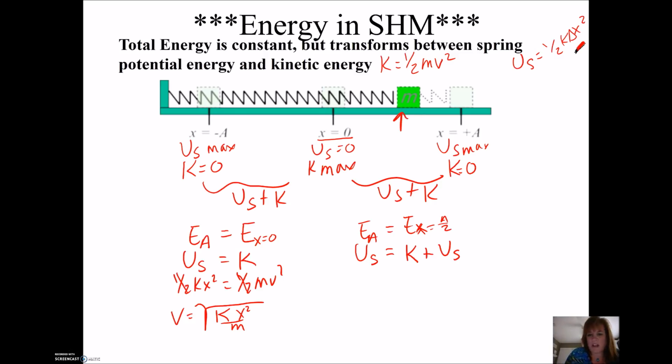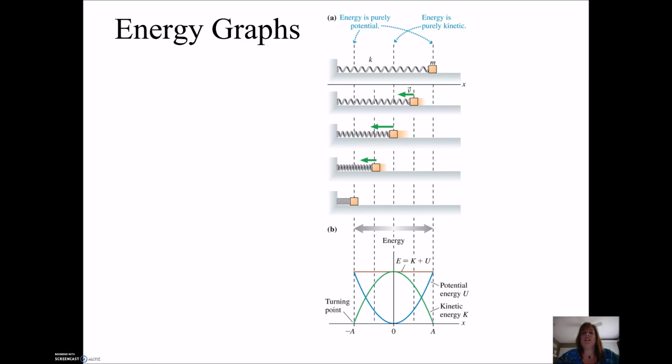So 1/2 kA squared is equal to 1/2 mv squared plus 1/2 kx squared. So wherever I am, make sure you take that into account. If we're looking at amplitudes, then these are my amplitudes for my initial energy. And anywhere else, whatever position I'm at, measured from the equilibrium position, that is what I use for my spring potential energy. So if I want to solve for speed, use energy. Don't use kinematics.